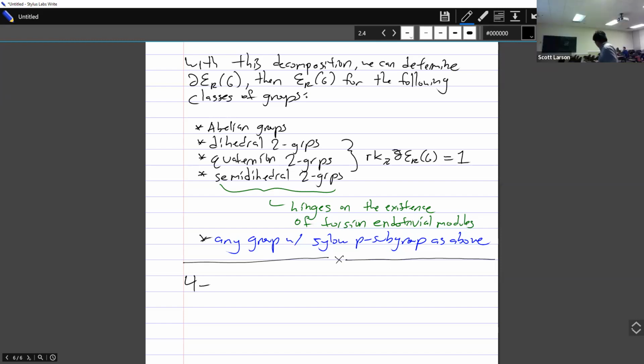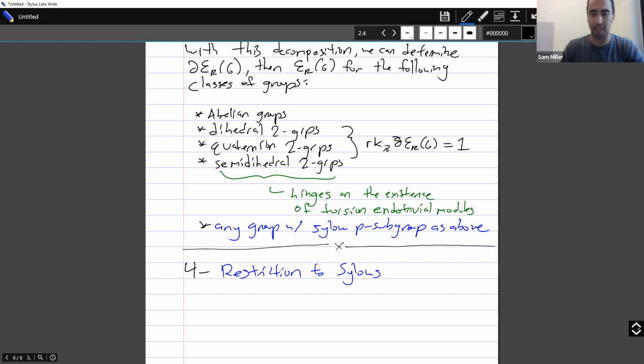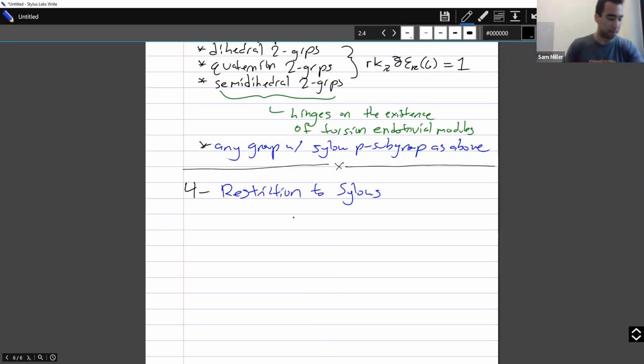Okay, good. Thank you. So the last thing I want to talk about is restriction to Sylows, or really any subgroup that contains a Sylow subgroup. Try to make this quick.